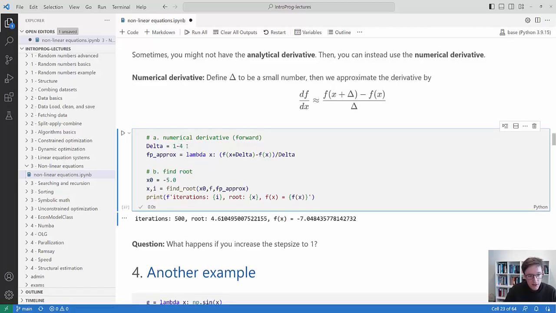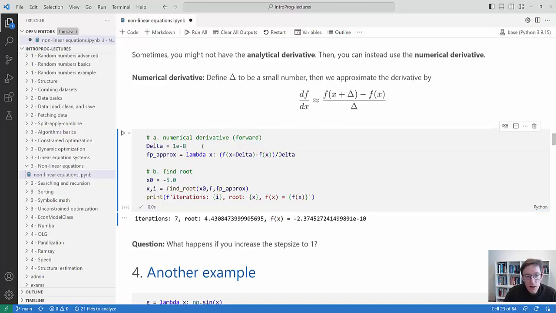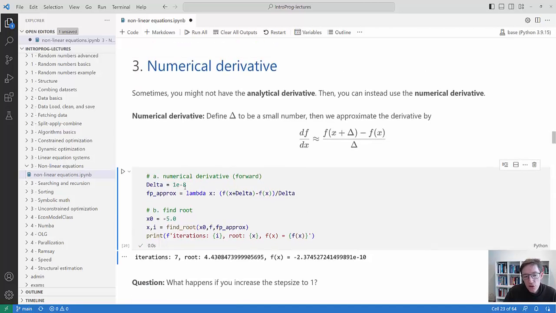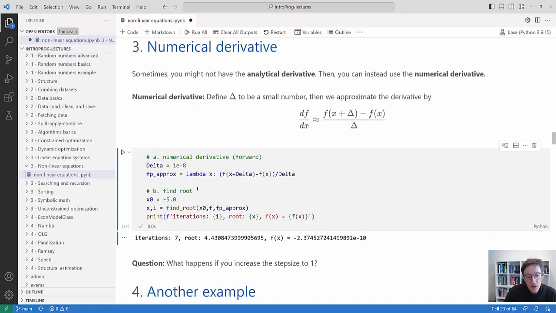This actually seems to be okay. But typically something like 10 to the power of -8 is a good idea here. If you make it too small, numerical error can create problems. So around this is a good choice.